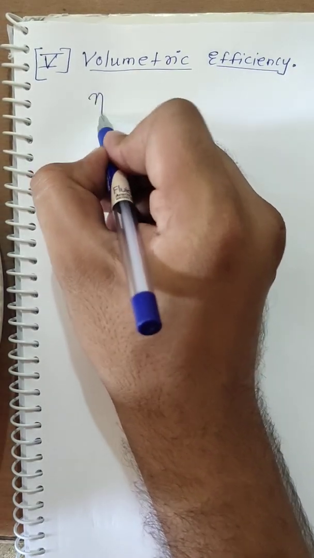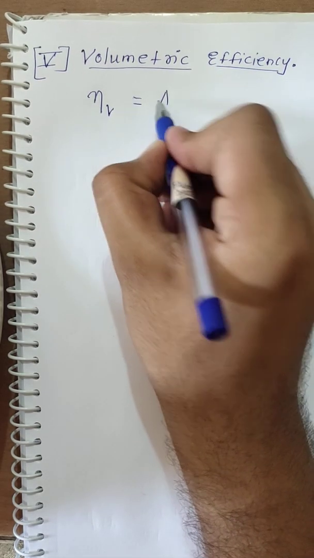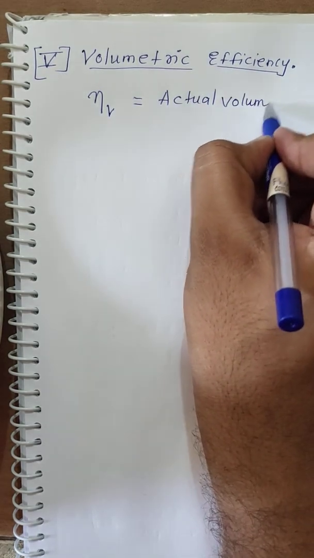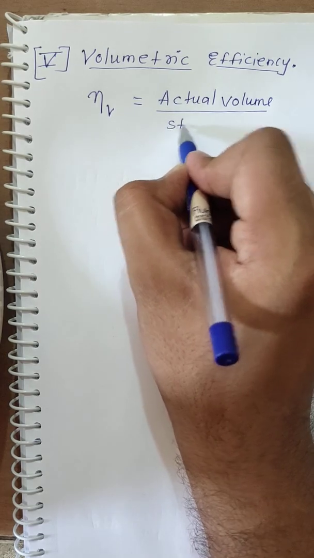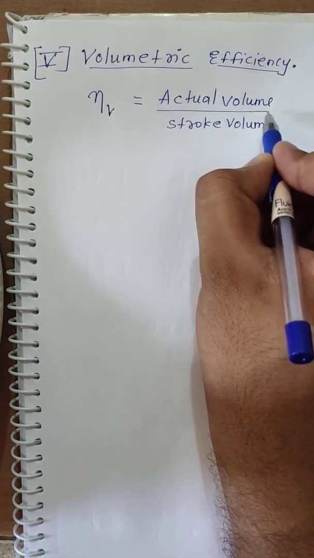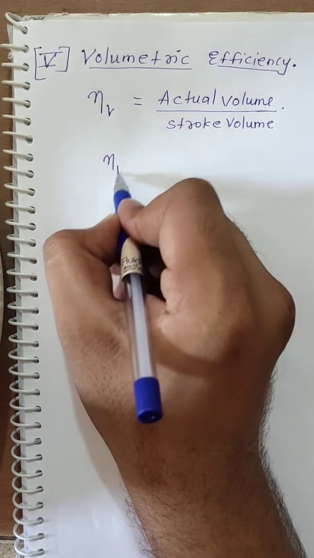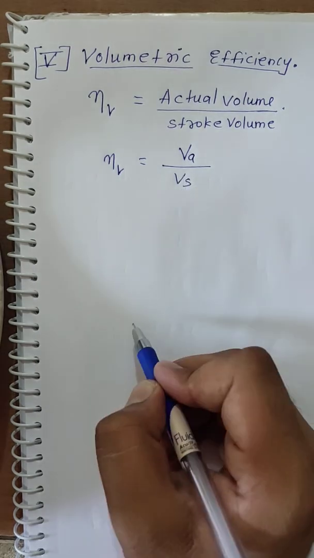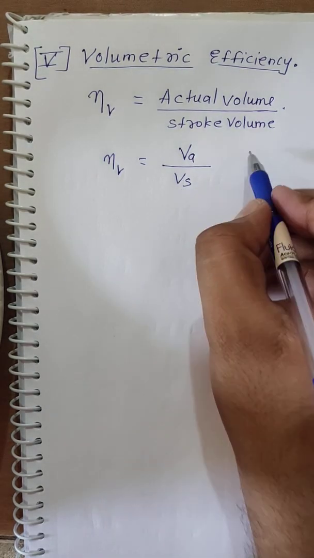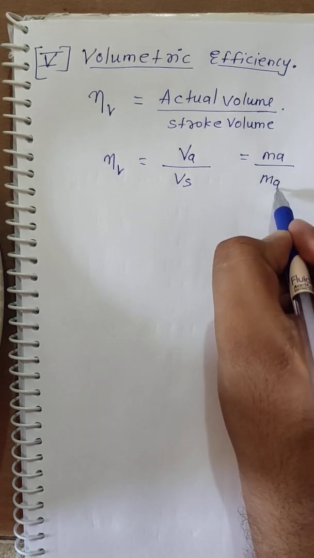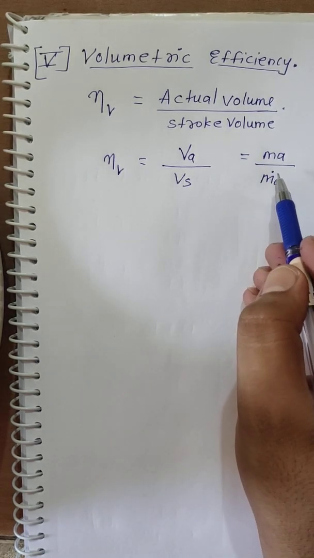Okay, so the volumetric efficiency is denoted by eta V. It is nothing but the ratio of actual volume upon stroke volume. Stroke volume is your ideal volume. It is not possible. Okay, so eta V में कैसे लिखूँगा? Actual volume upon stroke volume, right? Or I can write it as mass of air upon mass of air per second. Dot means what? Rate.